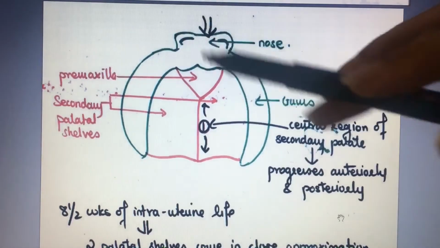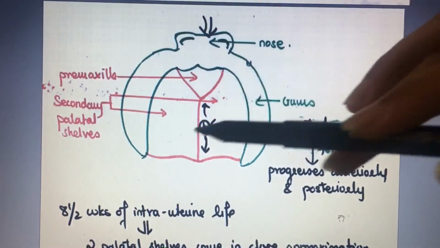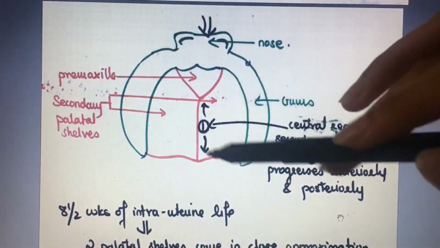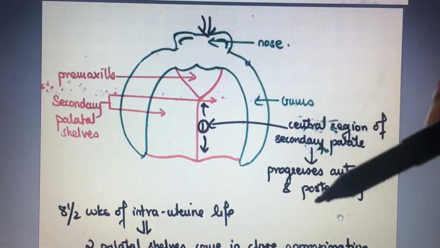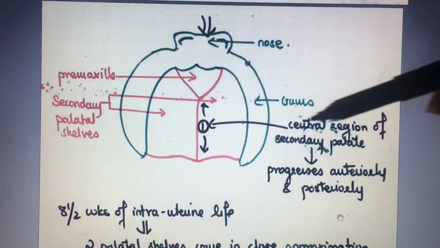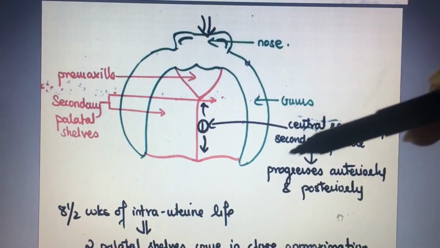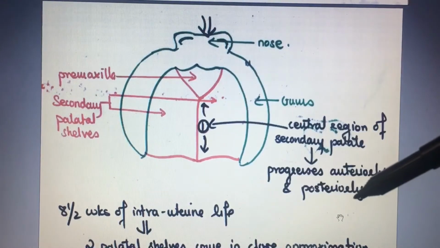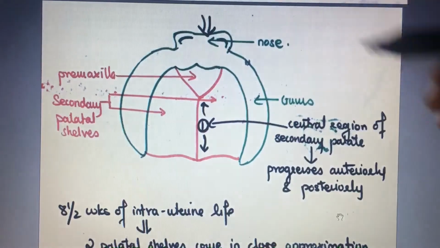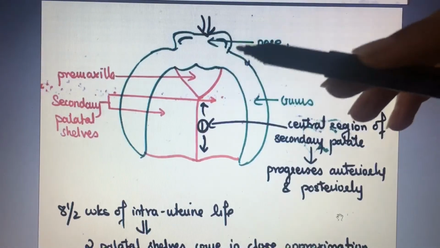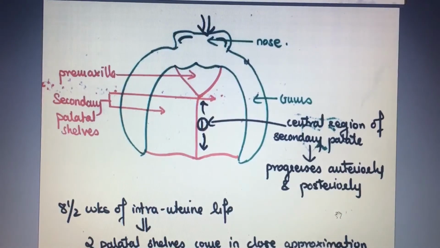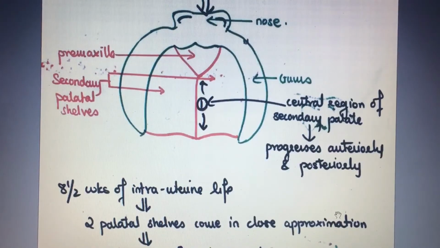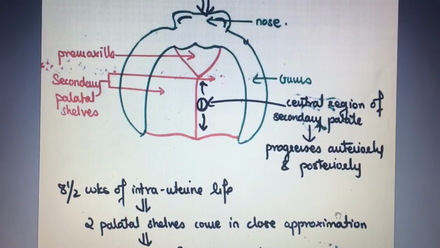This is the premaxillary area, and these are the two secondary palatal shelves. As you can see, I have written over here, the fusion first occurs at the central region of the secondary palate, and then it progresses anterior and posterior, and along with this there is fusion of the nasal septum to the nasal side of the palatal shelves. Now this is the final stage of the development of the palate.